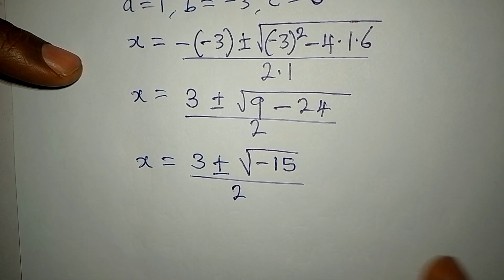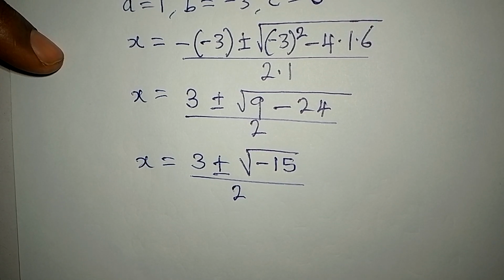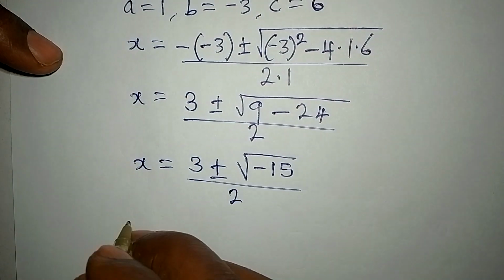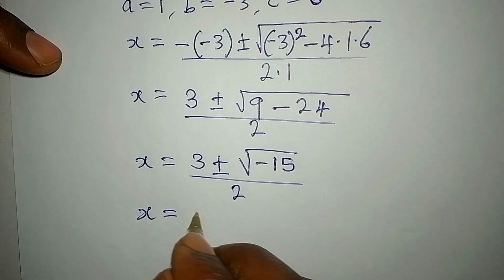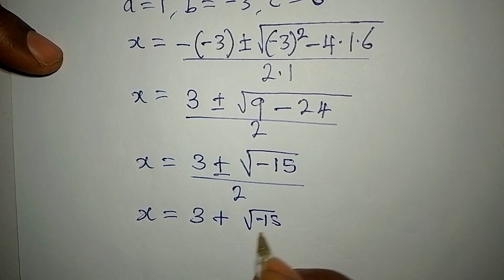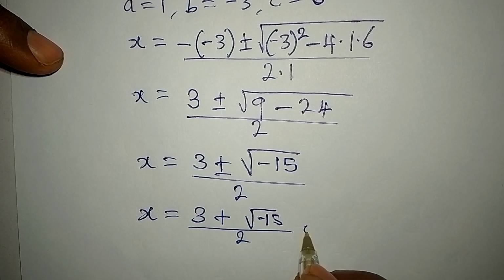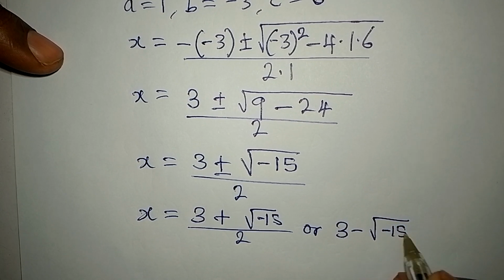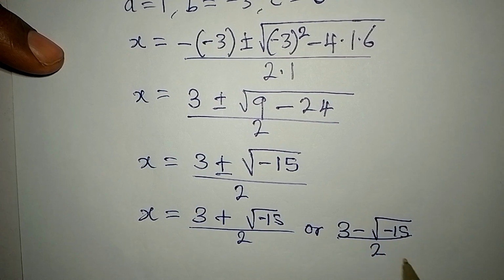Now remember that this is a 2-in-1 solution. Okay, so we can write this in two, split this into 2. So we have x to be equal to 3 plus square root of negative 15 over 2, or 3 minus square root of negative 15 over 2.